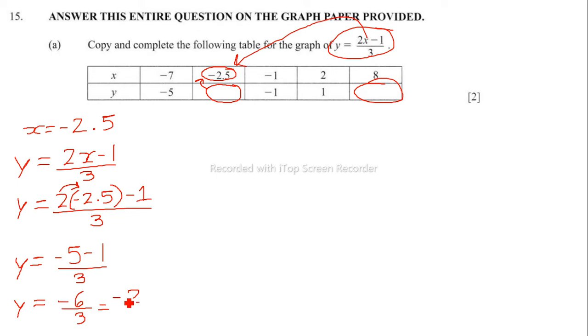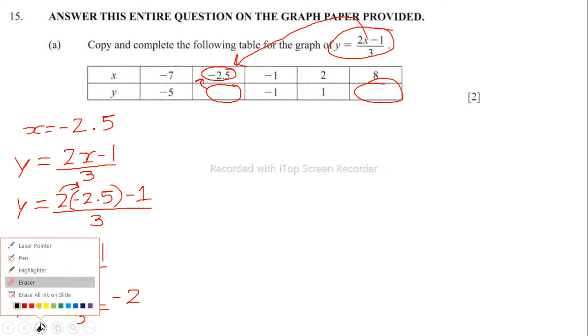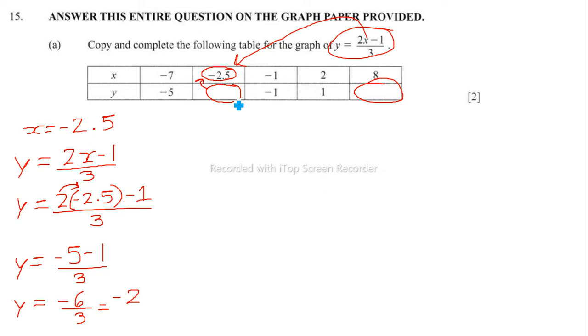So this missing one here is going to be negative 2. If you have a graph book, make sure you keep it in hand, because we're gonna be using that in very short order.